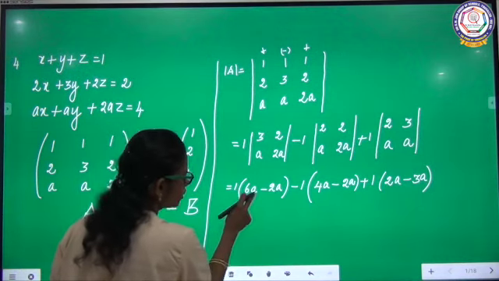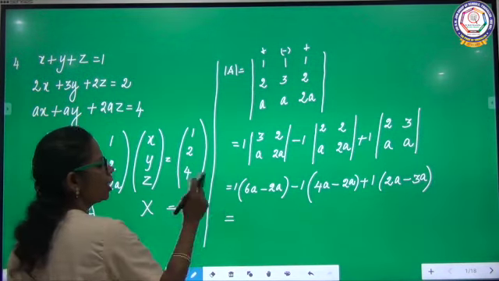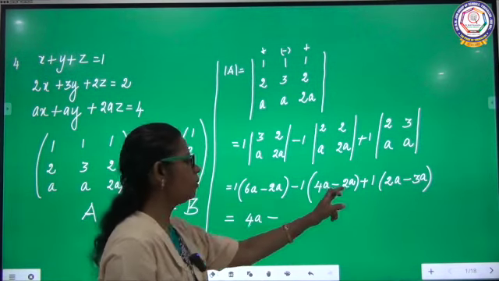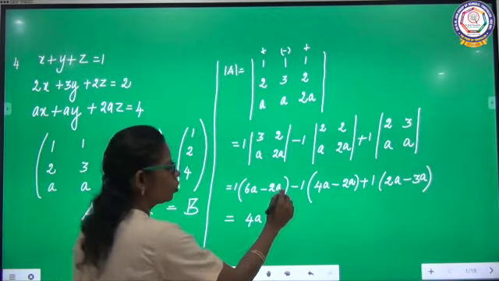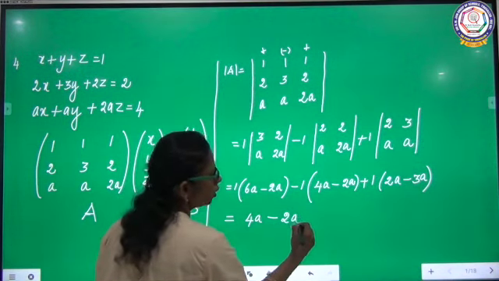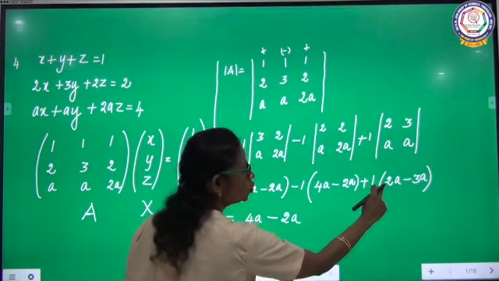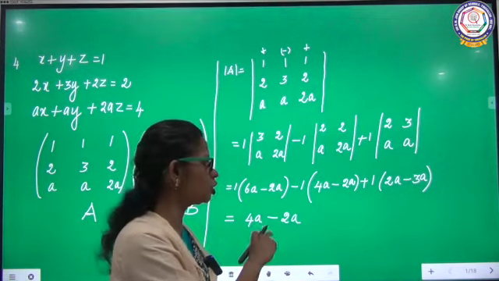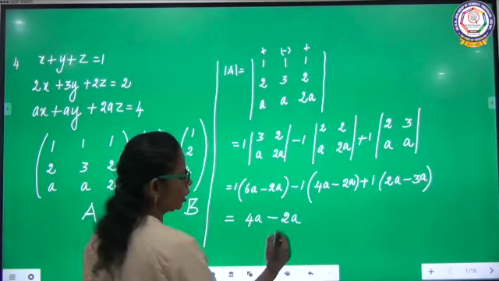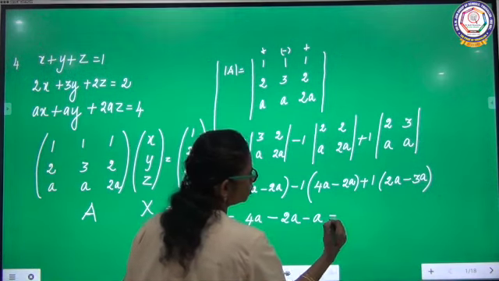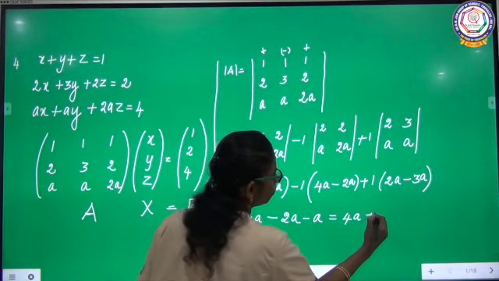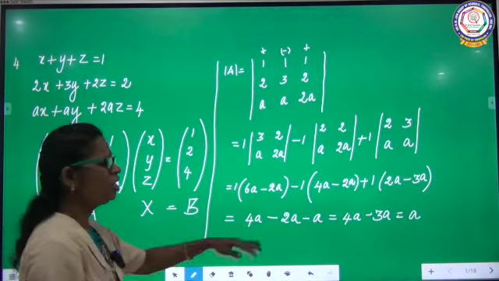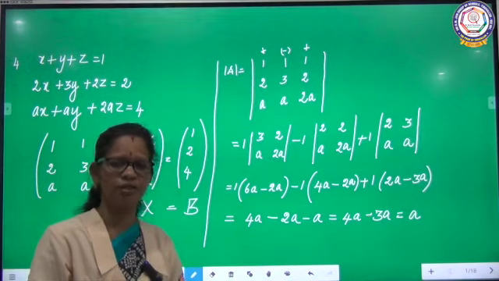Now 6A minus 2A is 4A. 4A into 1, 4A, minus 2A, that is 2A. Plus 1 into 2A minus 3A, that is minus A. So it is 4A minus 4A minus... in total 4A minus 3A, which equals A. Here you cannot conclude whether the system is consistent or not.